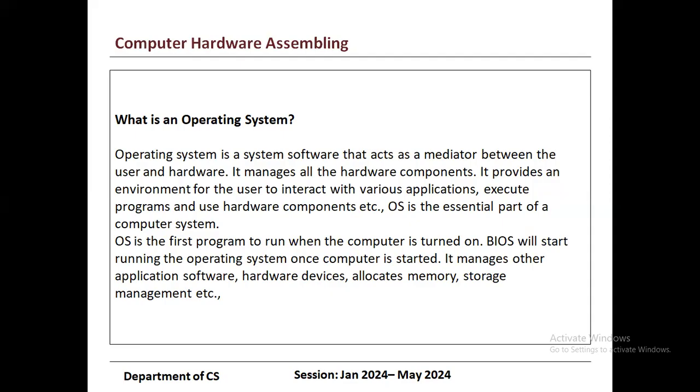Furthermore, the operating system is the first program to run when the computer is turned on. BIOS will start running the operating system once the computer is started. It manages other application software, hardware devices, allocates memory, storage management, etc.